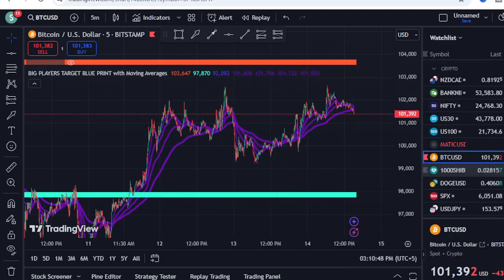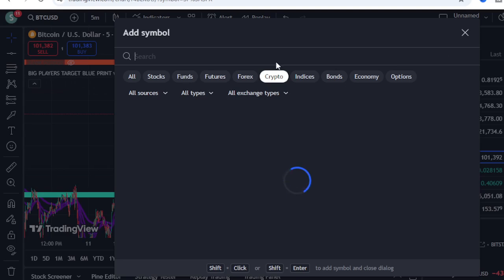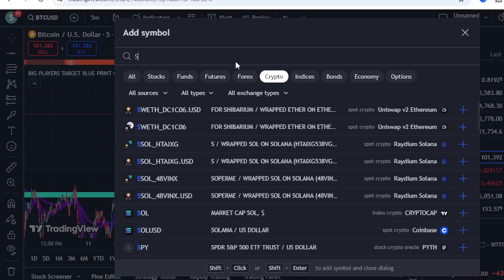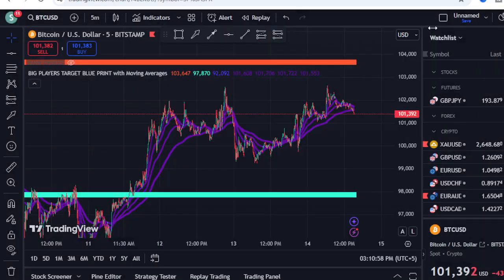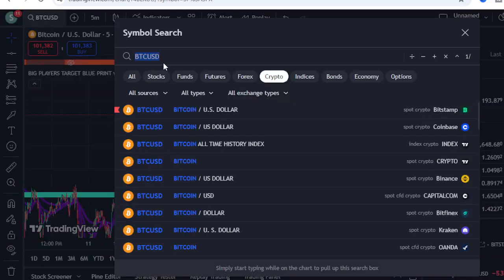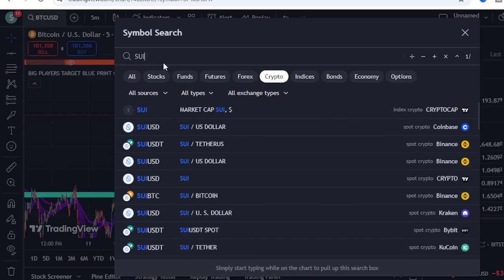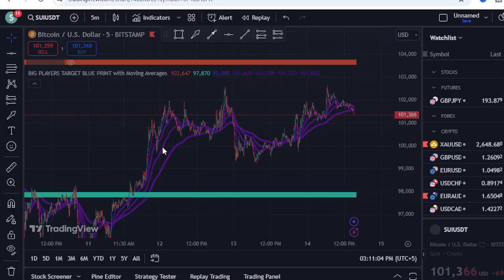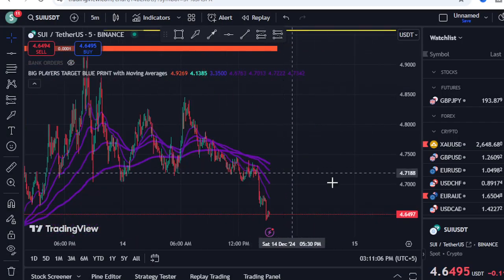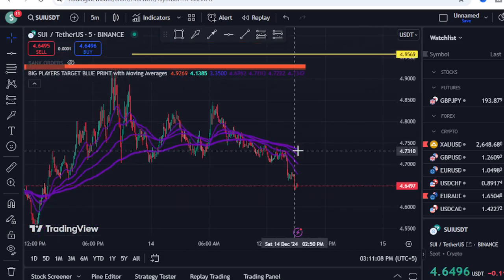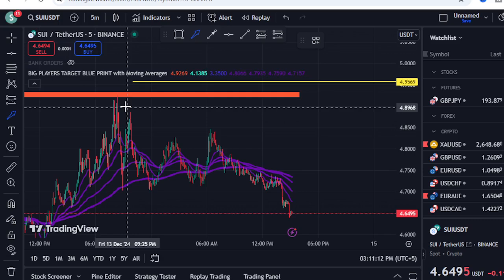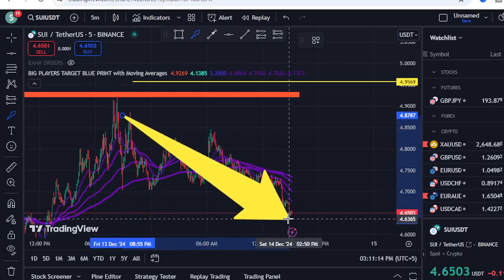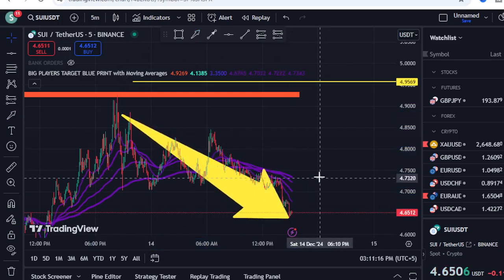I can show you one more trade that is active, so I can discuss it. Last night I took a sell on SUI USDT, and it must be running so far. Here is SUI USDT. You can see why SUI is going down: we have the bearish crossover, and then the price has gone down throughout the night, and this trade is still running.